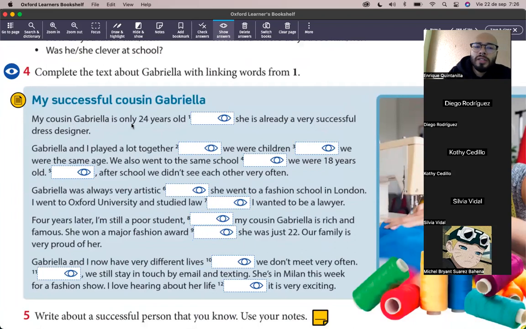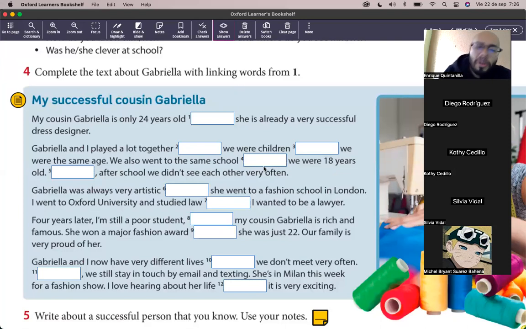My cousin Gabriela is only 24 years old. She's already a very successful dress designer. Gabriela and I played a lot together. We were children, we were the same age, and we also went to the same school. We were 18 years old. After school, we didn't see each other very often.